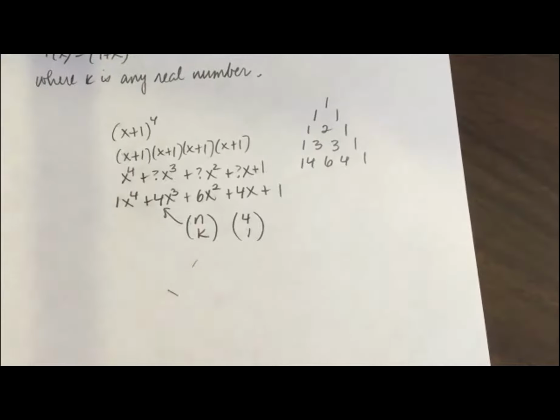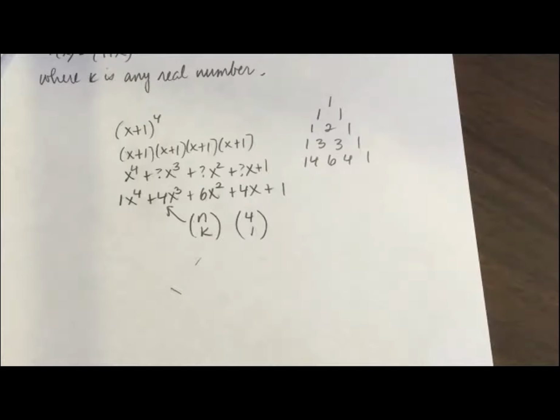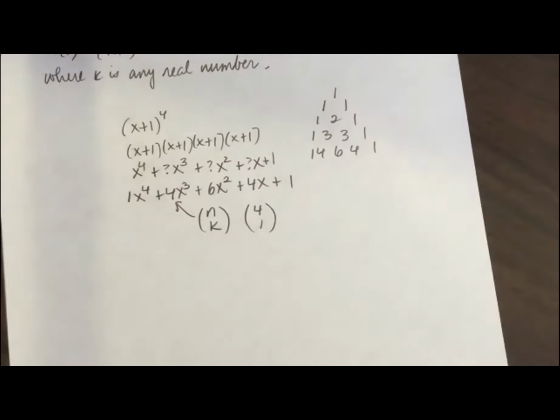Have you guys seen this choose notation before? Maybe in a different notation, but no, I have not seen this specifically. Okay. Well, then that's something you're going to see in some other class down the road, and that's okay.